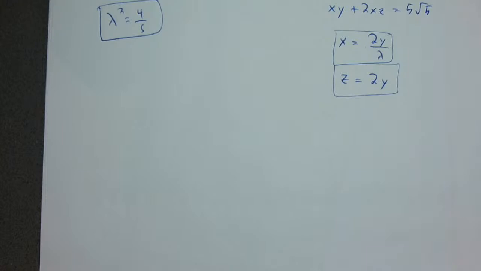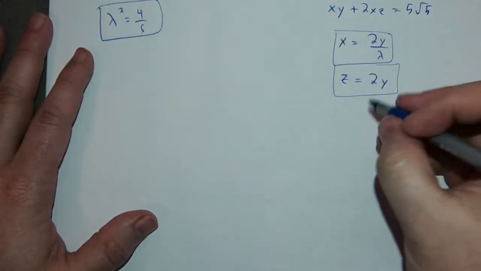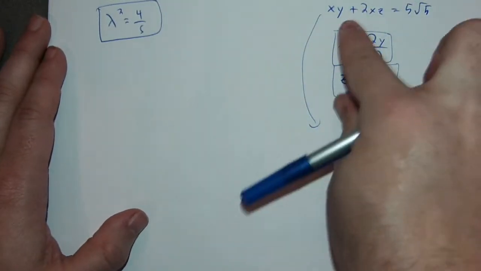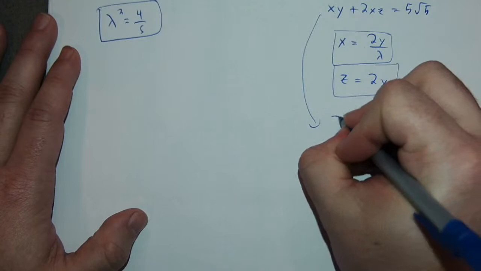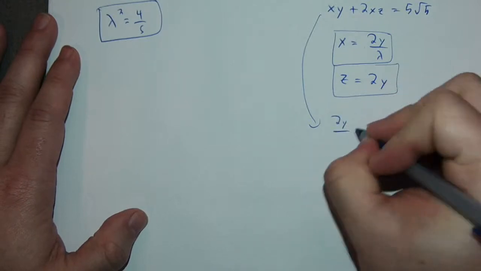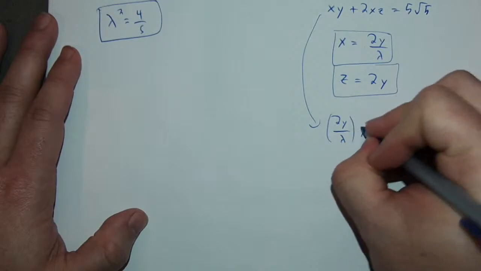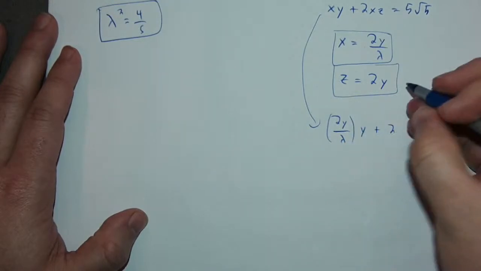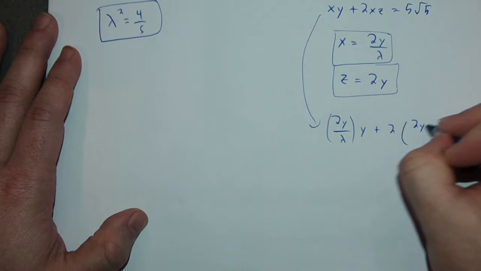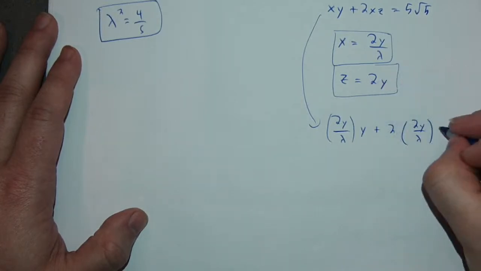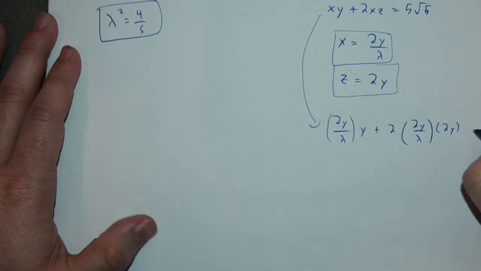Right, so I get everything in terms of y here. So plugging these two into that constraint equation, I would have 2y over lambda times y plus 2 times 2y over lambda times 2y is equal to 5√5.